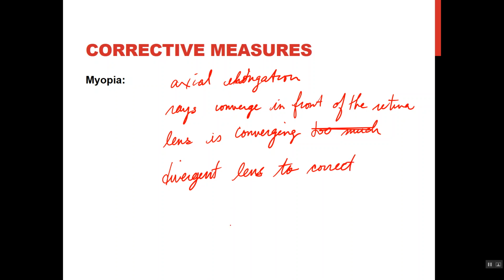So let's draw an image now. And we know that a divergent lens is a biconcave lens. There are other examples of divergent lenses.